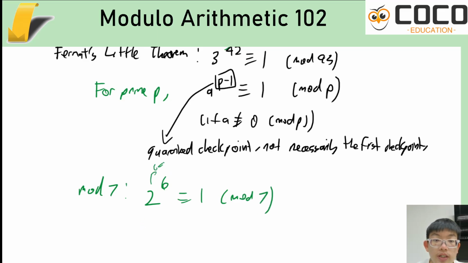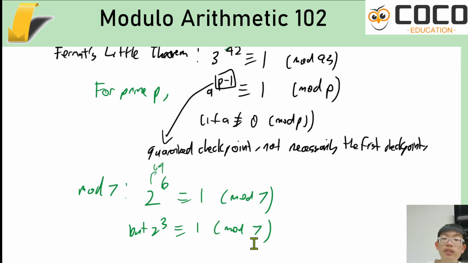This is 64, and 64 is 1 mod 7. But also, 2 cubed is 8, which is also 1 mod 7. So Fermat's little theorem is not telling you the first place where this happens. It's just telling you a place that this happens. And that's already not bad. You can think of this as a bird in hand is worth 2 in the bush. You would rather have something that is going to work.